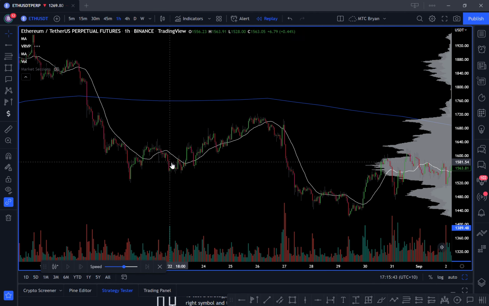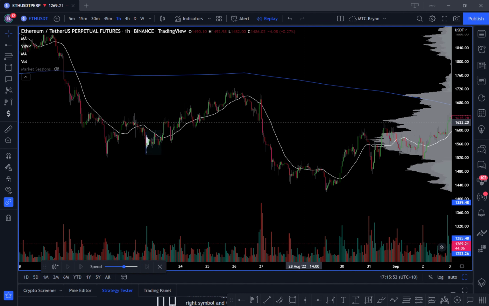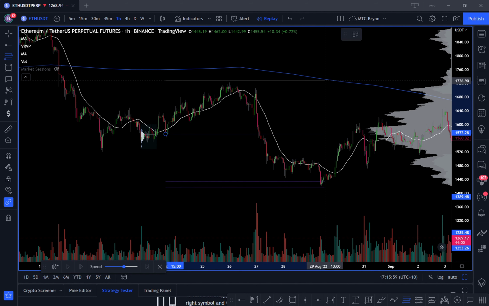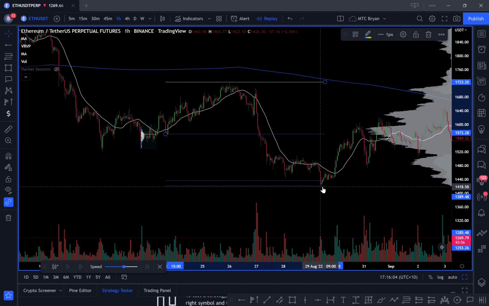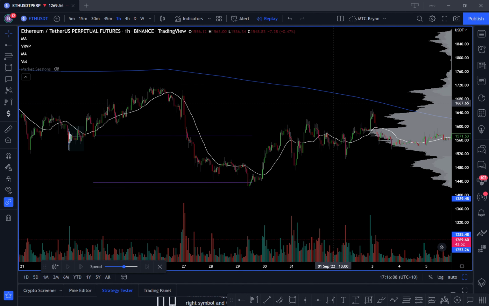And that to me is the best horizontal area of this point of control to determine a point of control. So using the same principle, going up to the wick, we went bang from wick pretty much to wick. It doesn't get much cleaner than that.